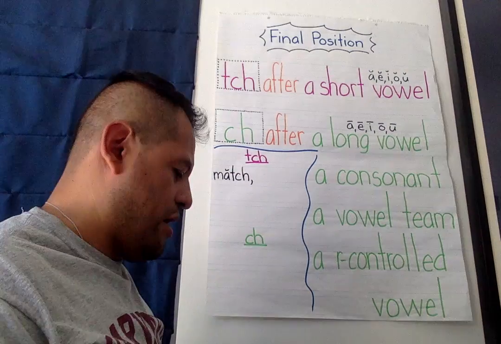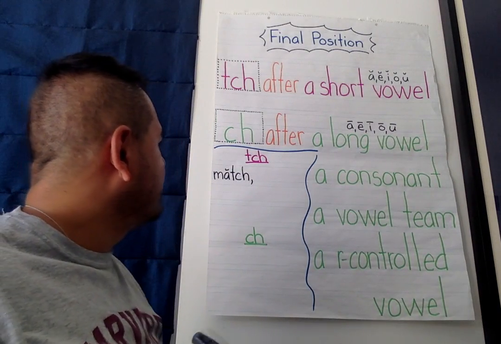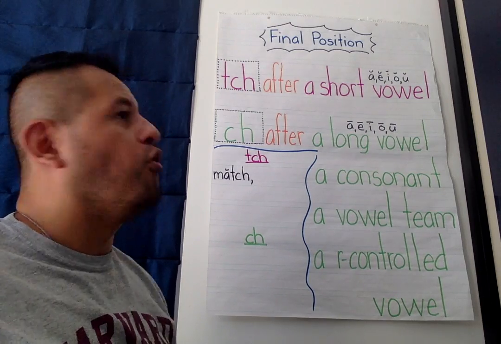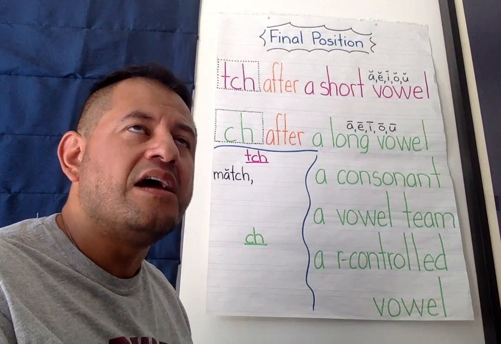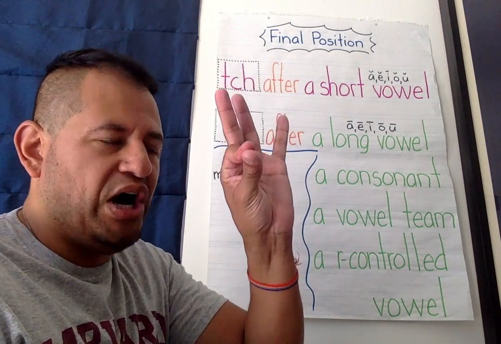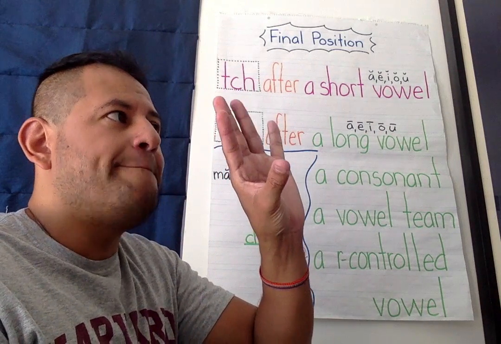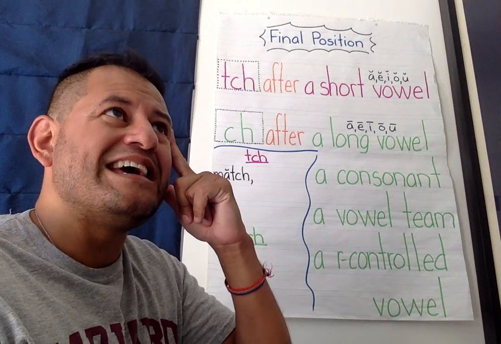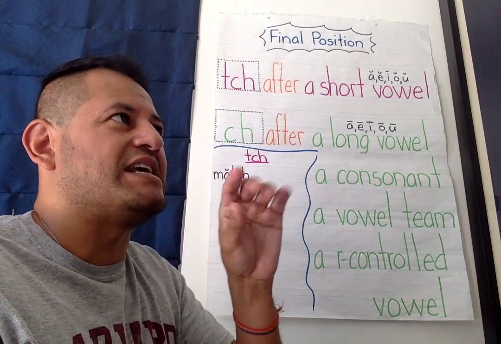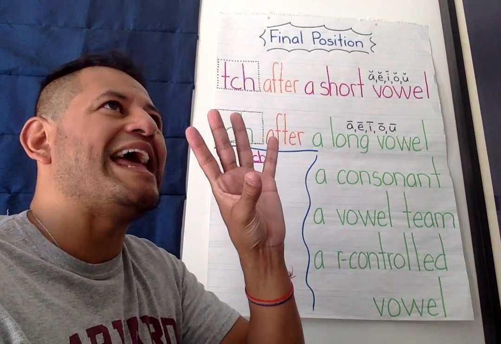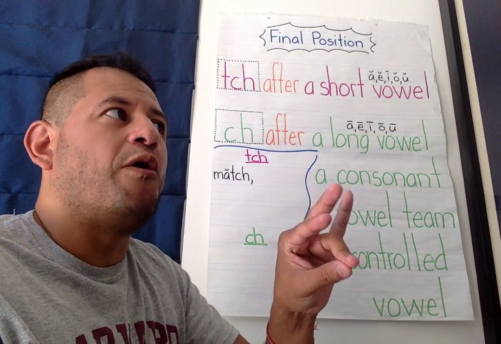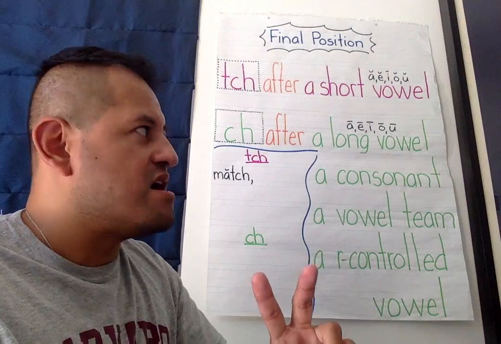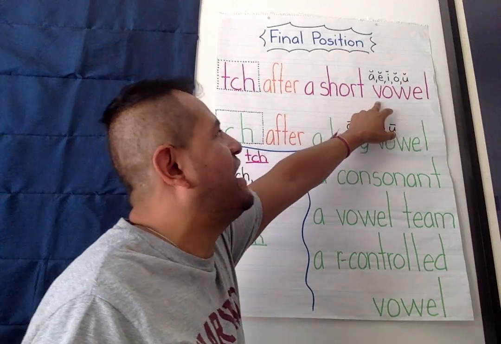A couple more. How about the word pinch? Pin, p-i-n, pin. I hear an I, but that's not the ending sound. It's an n. N comes before the ch. Is it after a short vowel?